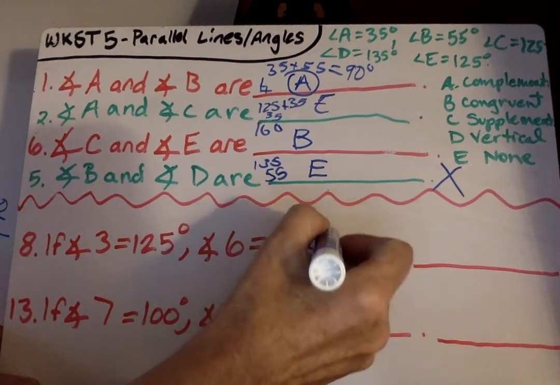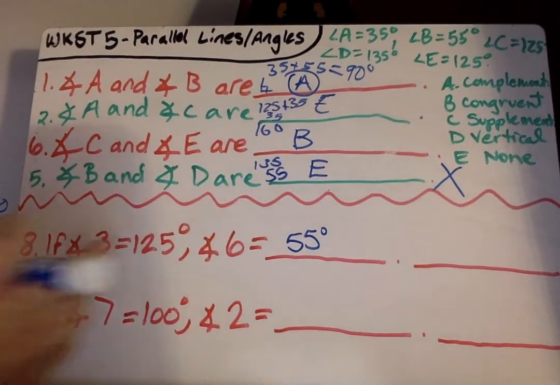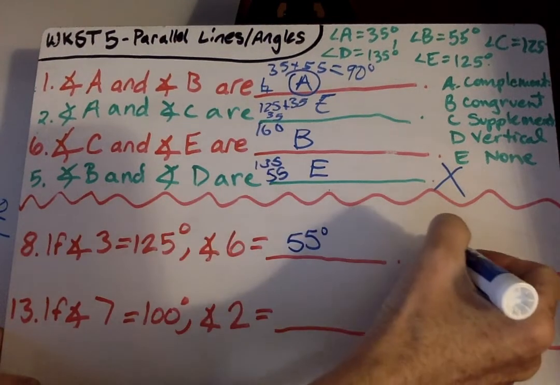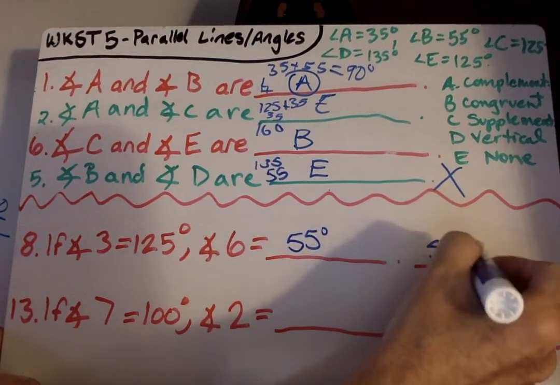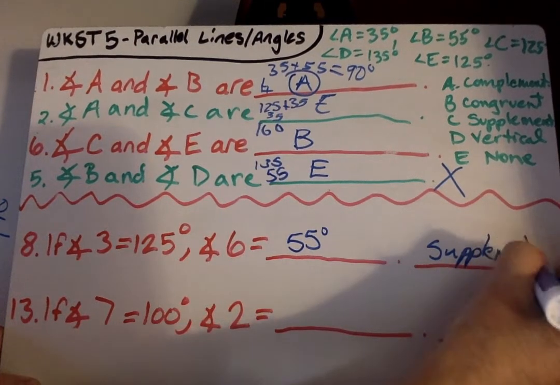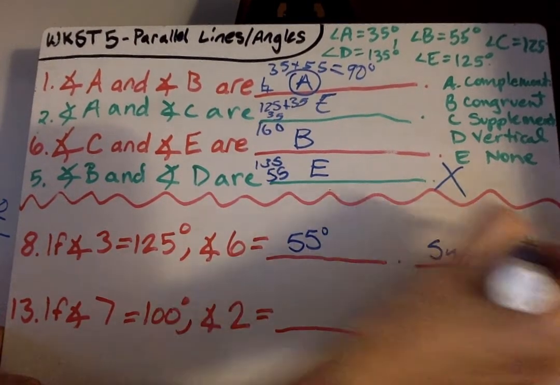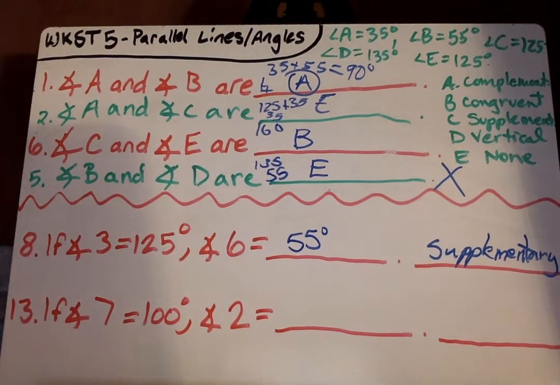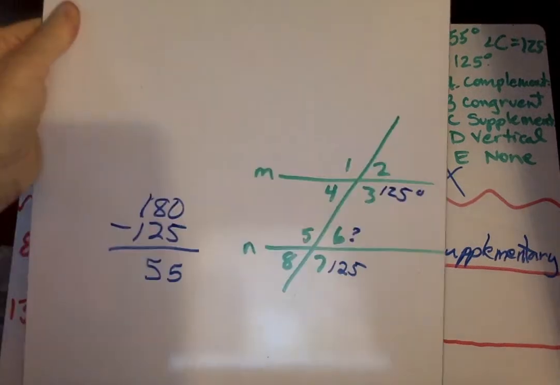And then we can say, how are the two related? If one's 125 and one's 55, it's going to be supplementary.